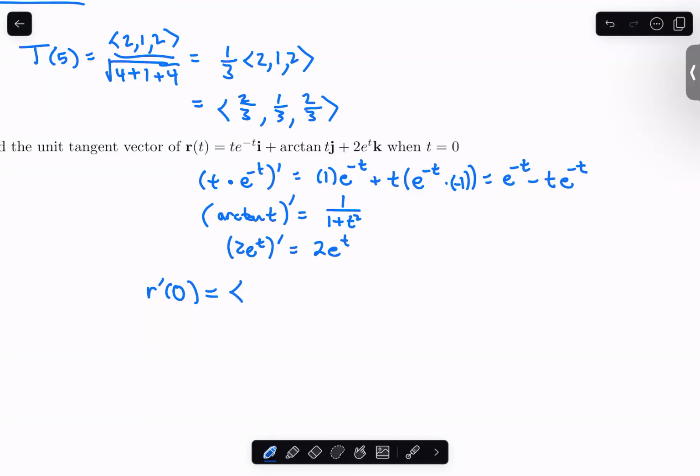In my first component, which came from the derivative of the thing I needed the product rule on, I'm going to have e to the negative 0, that's 1, minus 0 times, who cares, right? I'm plugging in 0 for t, so the t on the ground level takes care of the second term. For my second piece, I'm going to have 1 over 1 plus 0 squared. And for my third piece, I'm going to have 2 times e to the 0, which is, again, 1.